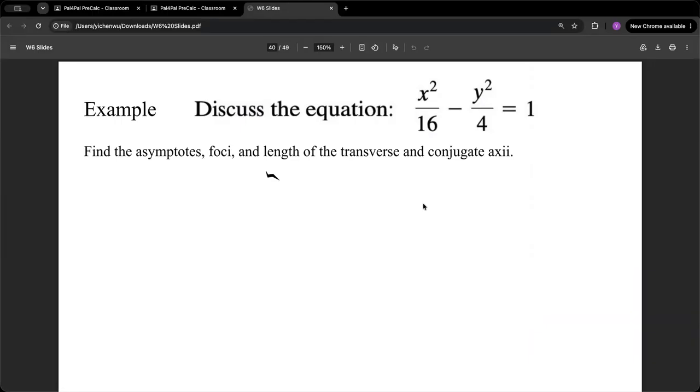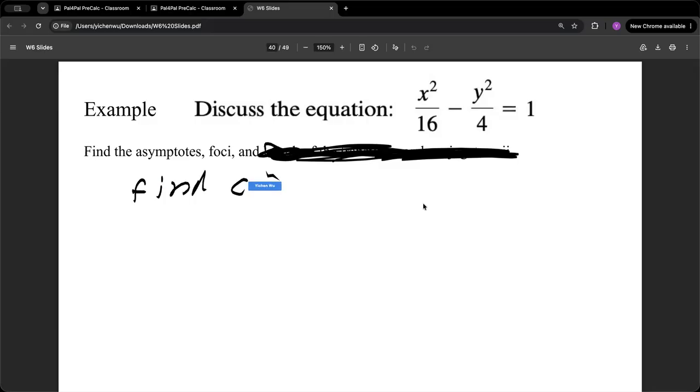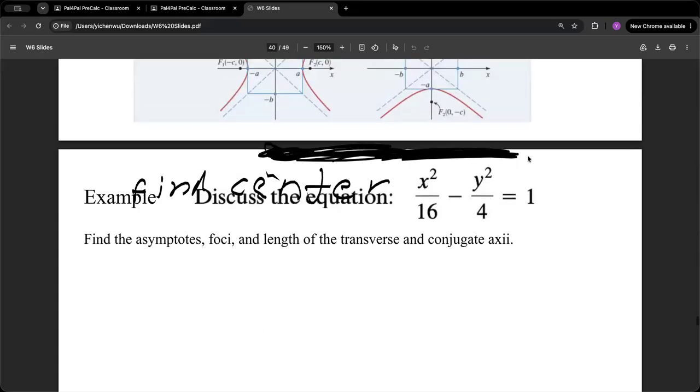This last part, don't do it. But I guess also find the center.